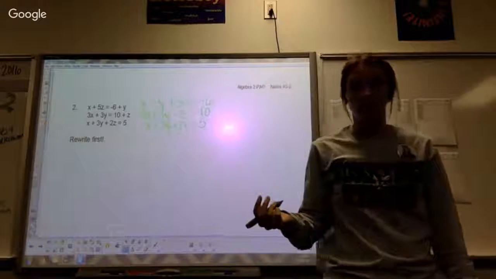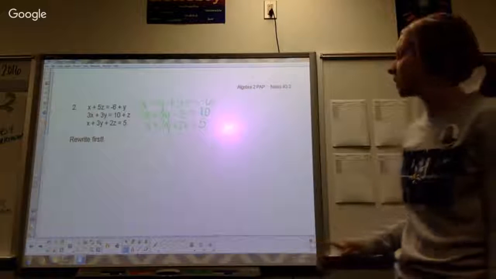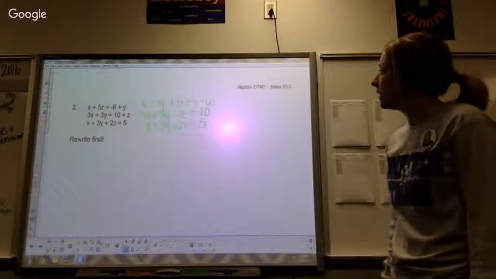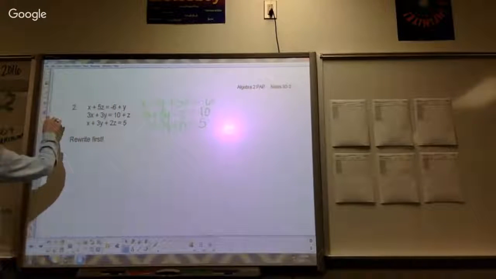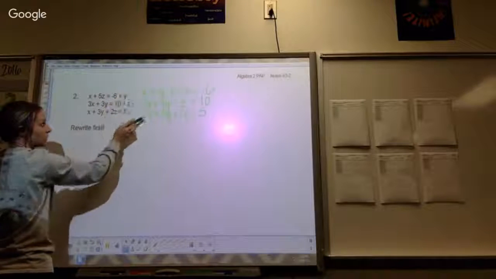Okay, so again, notice that we have the 3 equations with all 3 variables on each one. So we're going to need to decide which variable we would like to eliminate. And I'm going to eliminate the x's here. First one and last one.